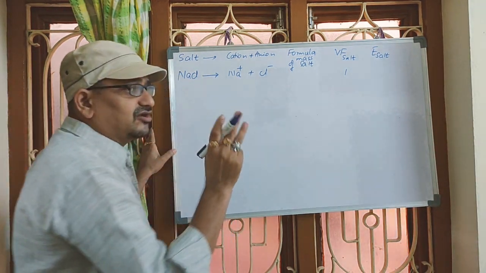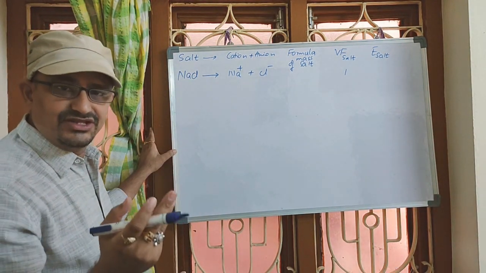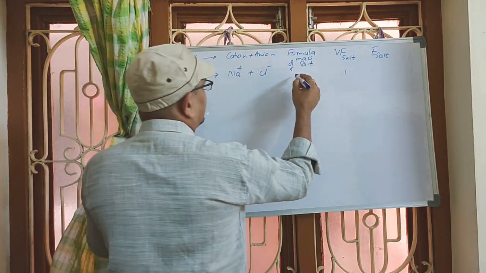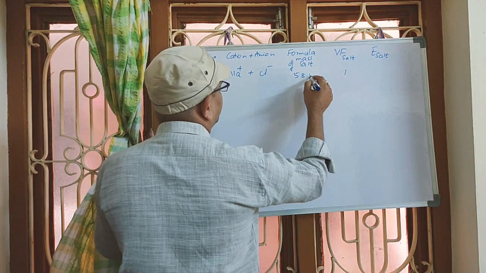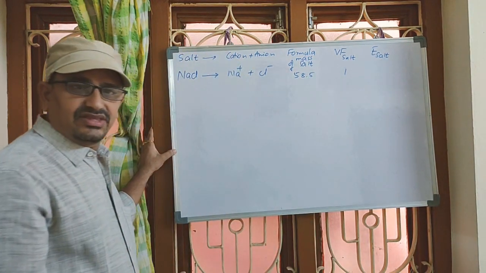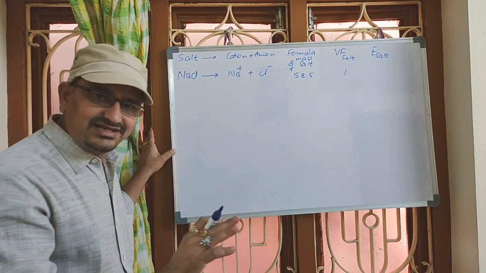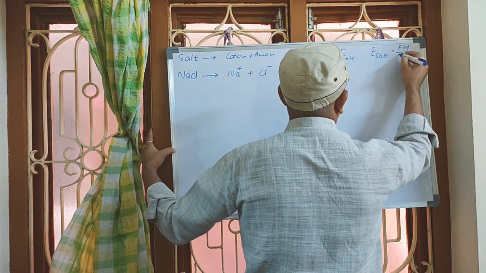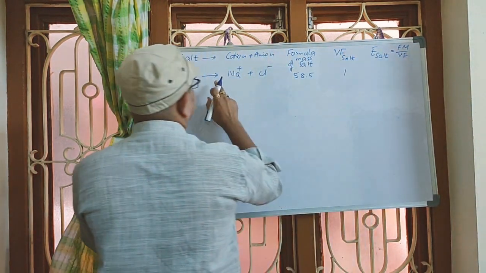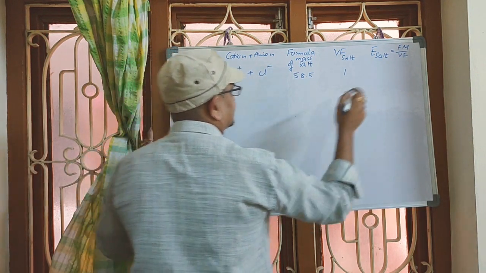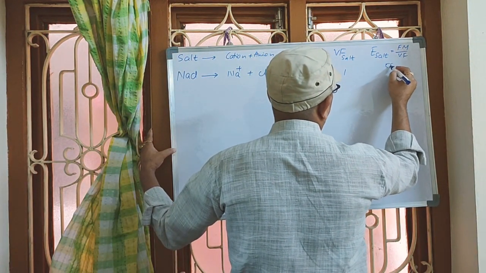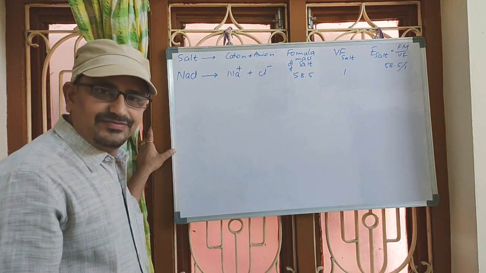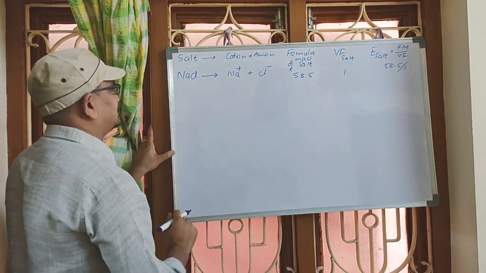Atomic mass of sodium is 23 and chlorine is 35.5. If you sum them up, it is 58.5. Is that clear? Now, equivalent mass of a salt is the formula mass of the salt divided by its valency factor. Valency factor means either total positive or total negative charges. So, 58.5 by 1. Understood? This is one simple example.